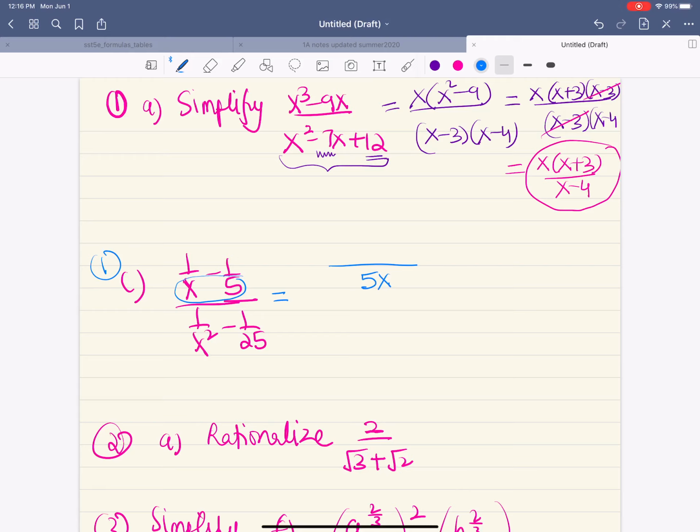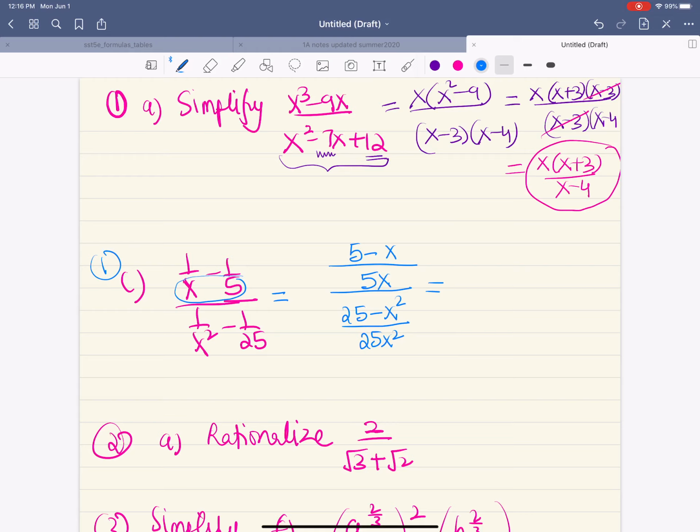So the LCD for the top fraction is 5x, and I need to multiply the first fraction top and bottom with the 5, and the second fraction top and bottom with an x. And the LCD for the denominator is 25x squared. The first fraction gets multiplied with 25, the second one gets multiplied with x squared. So far I'm treating the top and bottom fractions separately. I'm not merging them, not combining them.